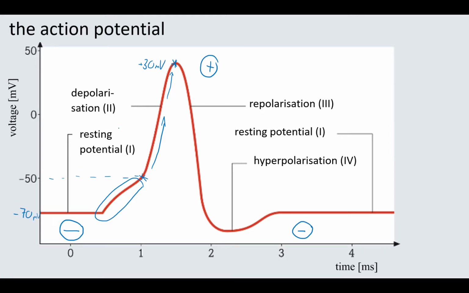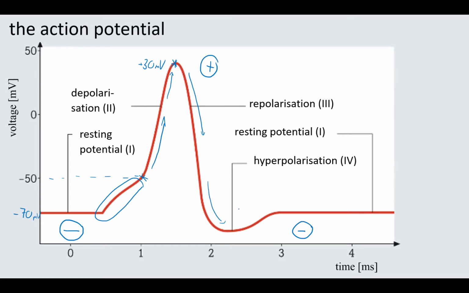If we reach this, then the potassium channels open, which means the potassium will actually leave the cell. Now the cell is positive, it no longer wants to be in there, so the charge will go straight back down again, and we actually get to a level that's usually lower than before.